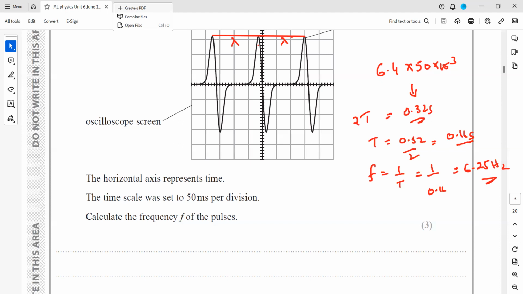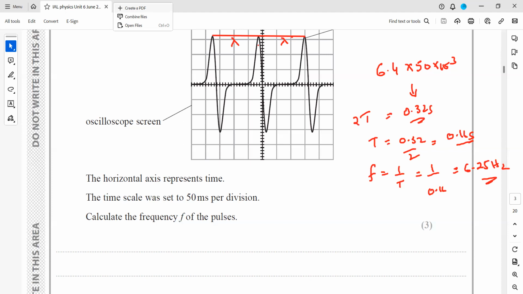Is it clear how we work out the frequency? Especially for unit 6, you don't find these types of questions in the book, or even if you read any text, you don't find them.